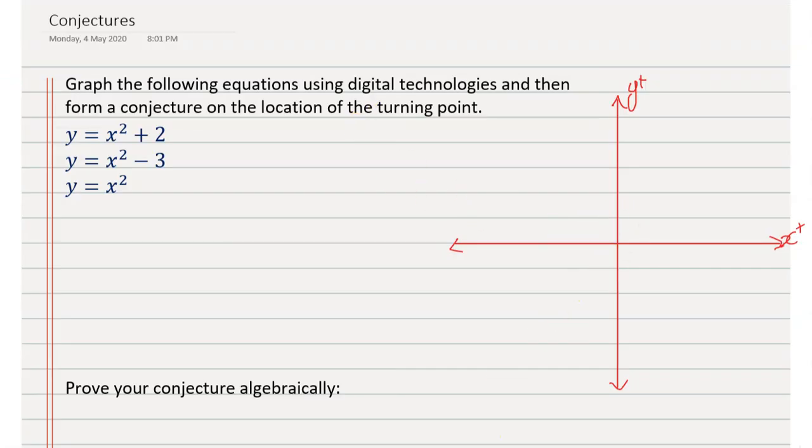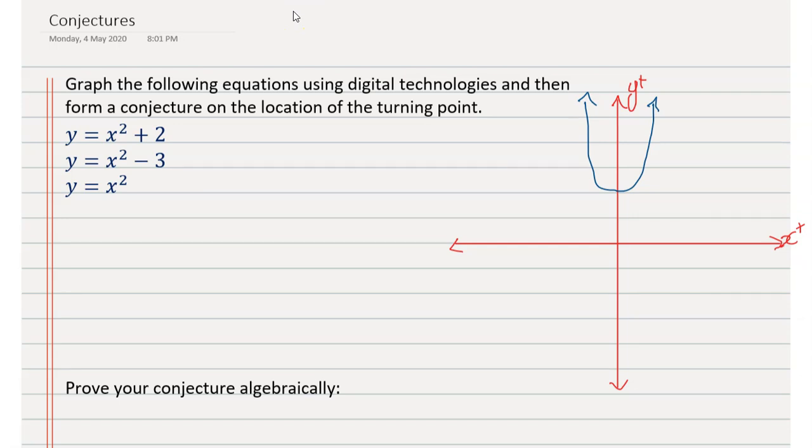Now, going back over here, just for readability's sake, I'm going to sketch them. Let's say (0, 2) is here. So y equals x squared plus 2 is going to look something like that. Mind the messy diagram, please.